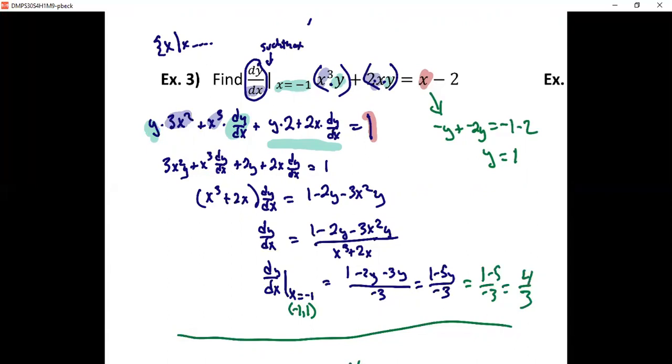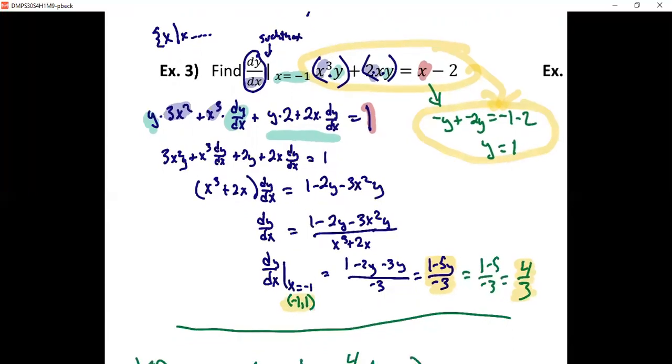So if x equals -1, what I end up with, and I'm going to highlight this in yellow, is this expression. I find this expression for my derivative still depends on y. If the expression depends on y, what I need to do is go back to the original equation and plug in my x value of -1 to figure out that y equals 1. And then I can find the slope at the coordinate -1, 1.